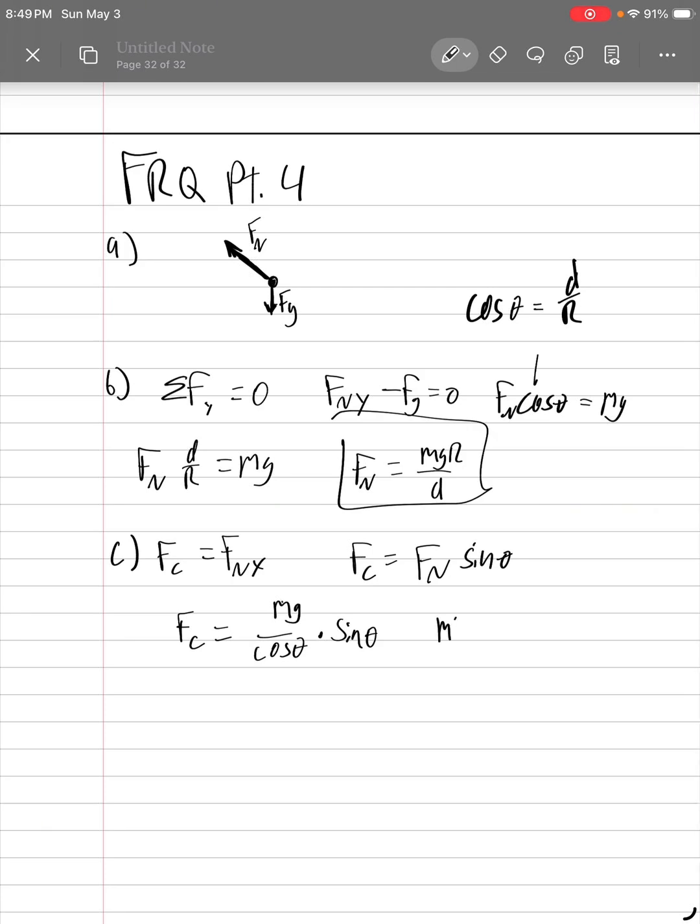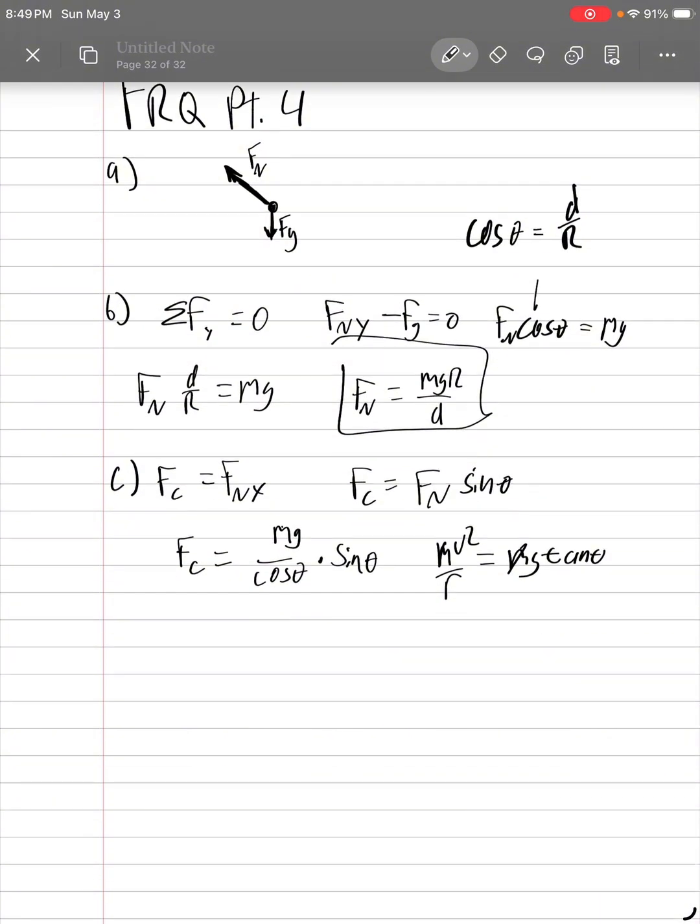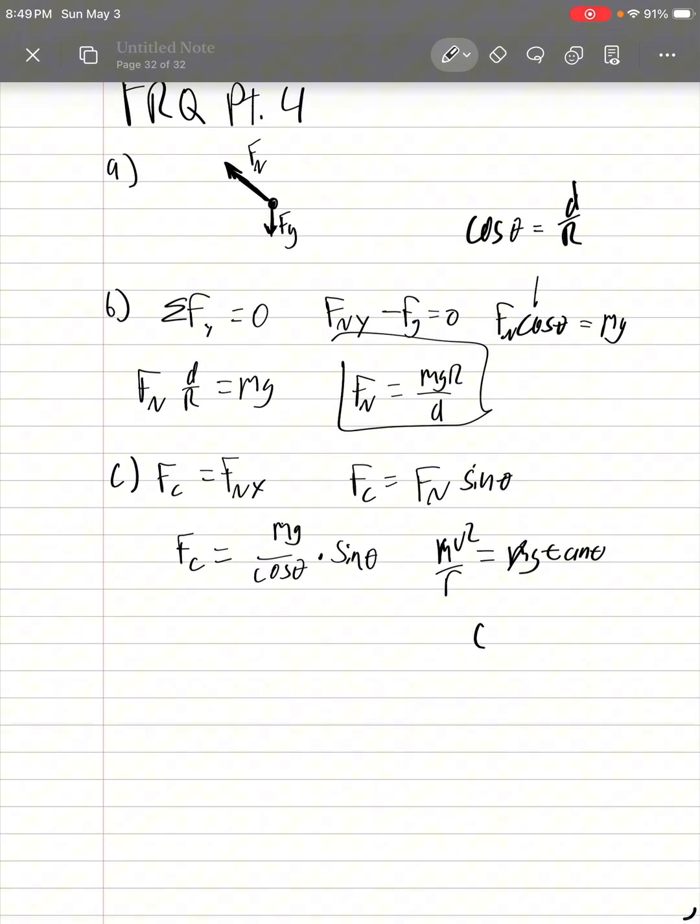And so after that, we can substitute Fc. So we'll have mv squared over r is equal to mg tan theta, as sine over cosine is tangent. And we can cancel out the masses. And we know that tangent is just equal to opposite over adjacent, so we'll just have little r over d.